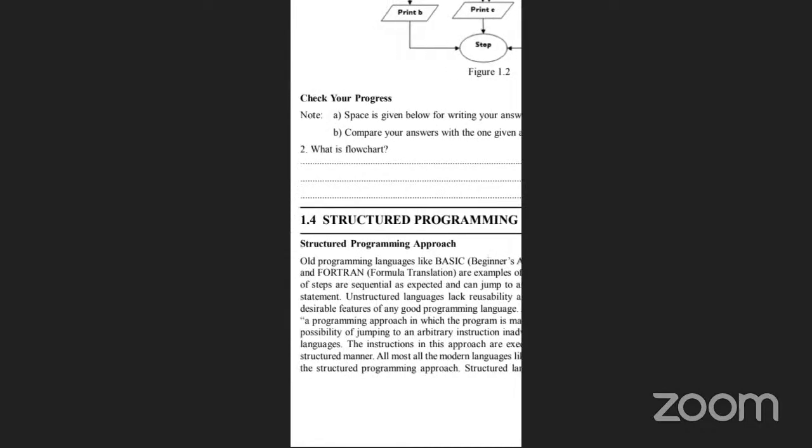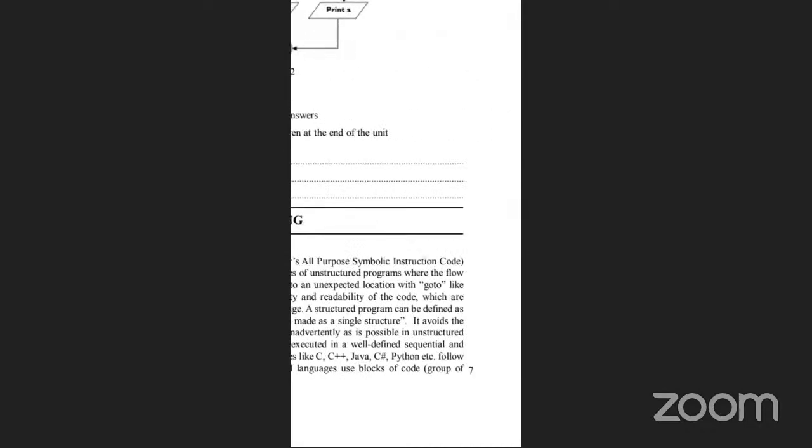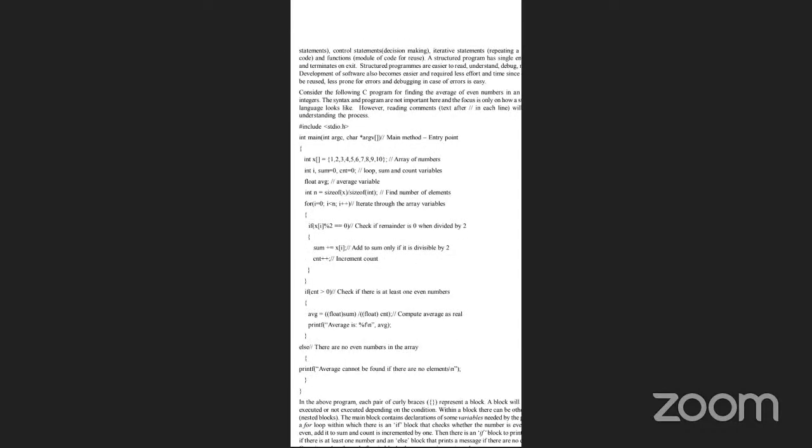Structured languages use blocks of code, groups of statements: control statements, decision making and iterative statements representing a block of code, and functions, modules of code. A structured program has a single entry point and terminates on exit.